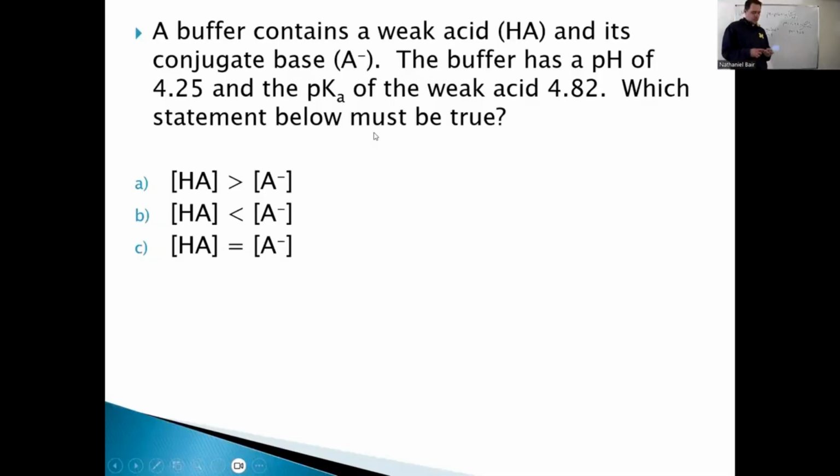Try this one out. What must be true? If a buffer contains a weak acid and its conjugate base, and the buffer has a pH of 4.25, but the pKa of the weak acid is 4.82, which of those statements must be true?